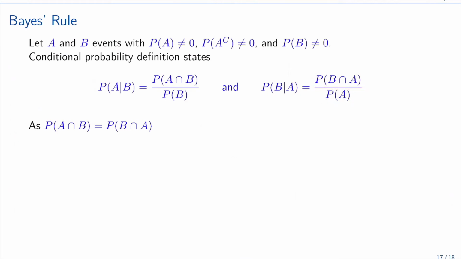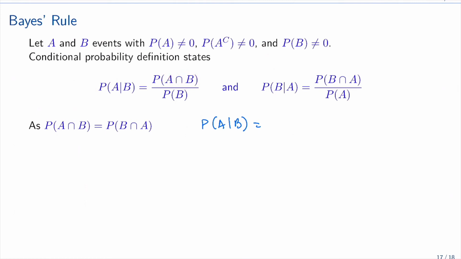Now we know that the probability of the intersection is commutative, so we can say the probability of A intersection B is equal to the probability of B intersection A. So with that, we can write that the probability of A given B is equal to the probability of the intersection.